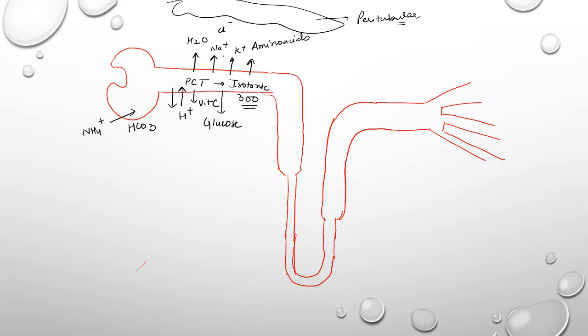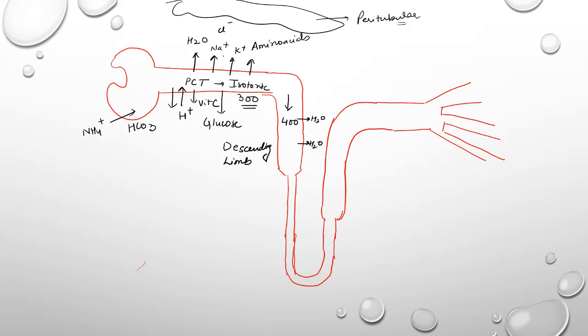The moment it comes down, here we can see the osmolarity is 400 osmoles per liter. It is basically permeable to water, so slow diffusion of water will take place. This is the descending limb.